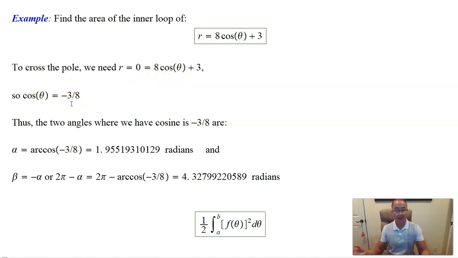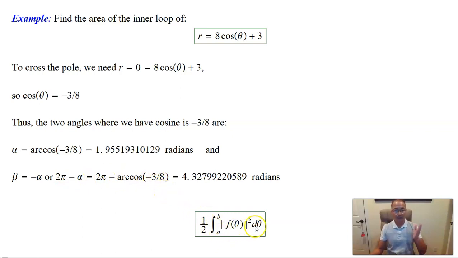So using our inverse cosine function, the first angle is alpha, arccosine -3/8, which is in the second quadrant. And then we reflect that over to the third quadrant by subtracting alpha from 2 pi. So 2 pi minus arccosine -3/8.